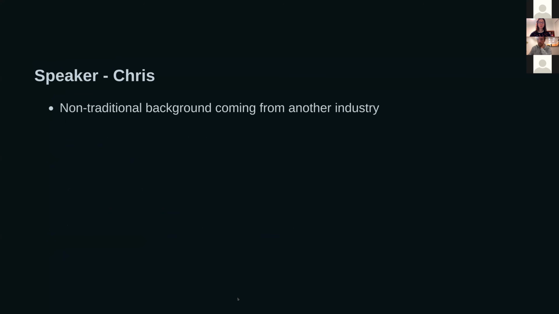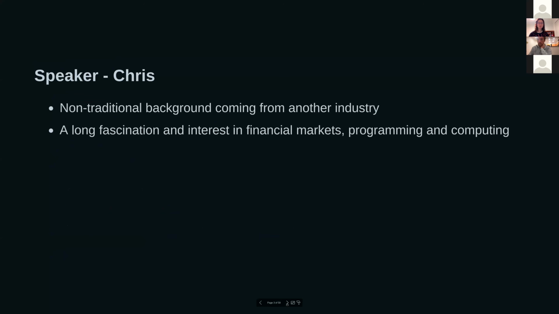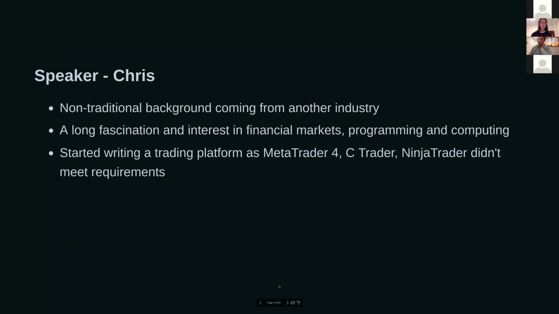And this naturally led me to decide that the platforms that I was using at the time, such as MetaTrader 4, CTrader, NinjaTrader, they really didn't meet all of the requirements that I had in terms of risk management, access to certain order types, to certain exchanges.